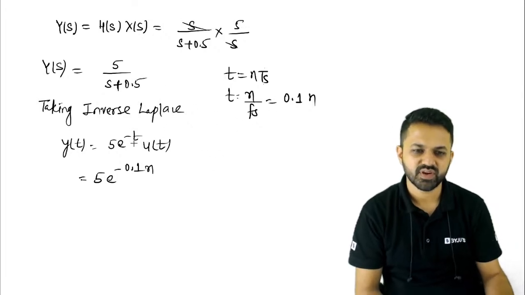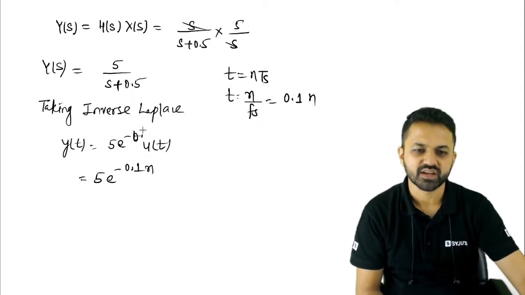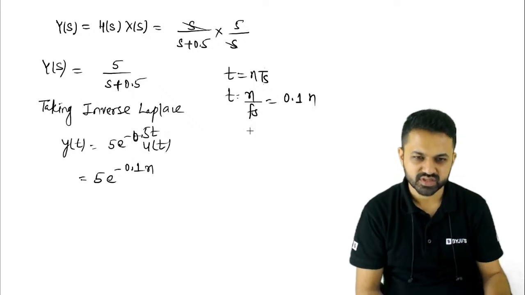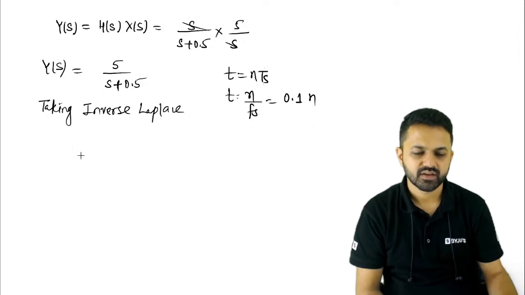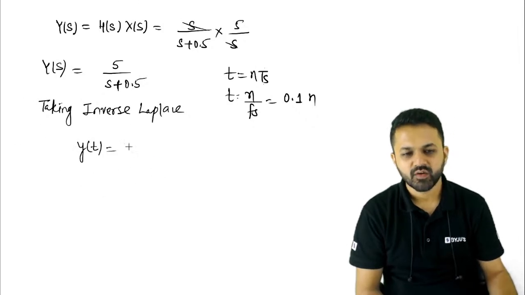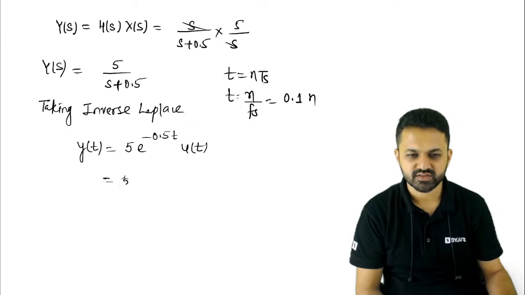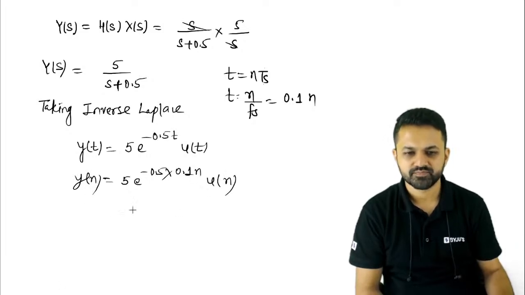So when we take the inverse, e to the power minus 0.5t will come. Let me write it again, y(t) will be 5 into e to the power minus 0.5t u(t). Now replace t to write y(n), replace it by 0.1n u(n).